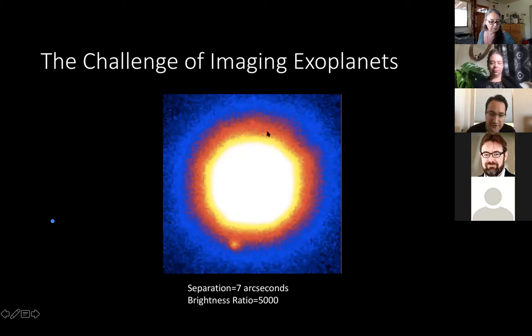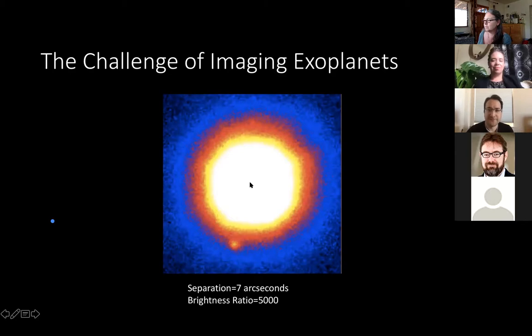So in this case, the bright star is 5,000 times brighter than the faint star. Remember that for an Earth-like planet, we need to get to 10 billion. So this is much easier than the problem that we eventually have. And the separation, because they're very close together, that's another problem. This star is 7 arc seconds away from the bright star.